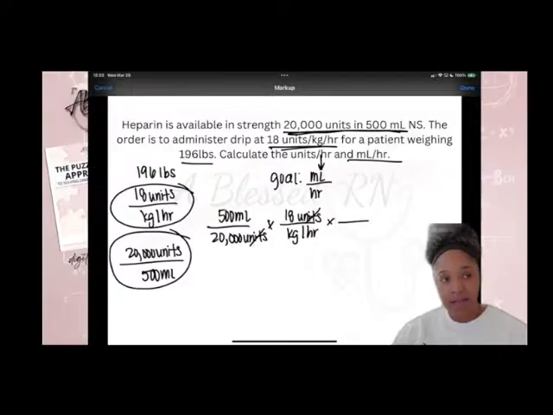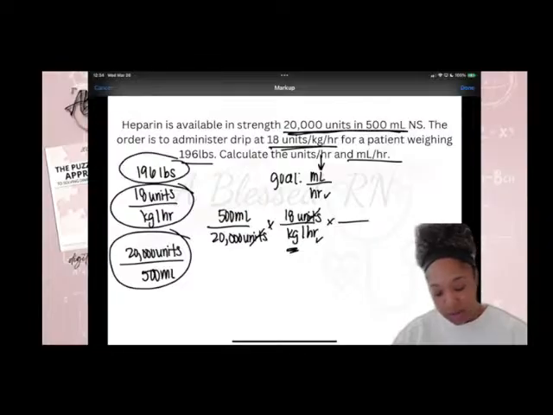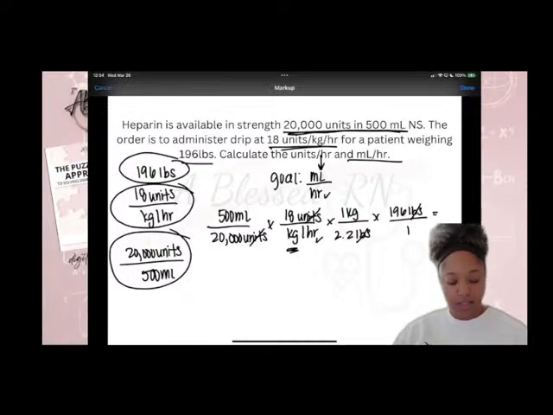And now I have kg on the bottom and hour on the bottom. Hour can stay, because that's the goal, to get hour at the bottom. So kilograms has to be canceled out. Once again, my patient's weight is in pounds, so I need to convert it to kilograms. So 1 kg is 2.2 pounds times my 196 pounds over 1. Everything is canceled out except for milliliters on the top and hours on the bottom.